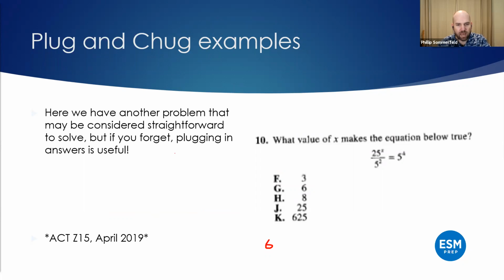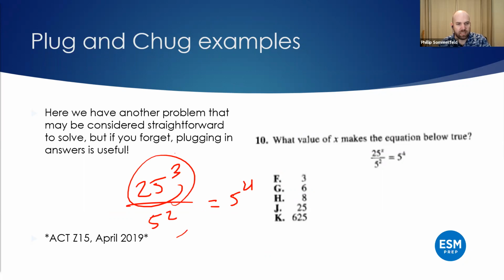So I would grab my calculator. This is the ACT. Again, I said we're talking test agnostic, but if you're on the ACT, you should know, grab a calculator, plug in 3 here, right? So 25 to the power of 3 over 5 squared. And then, okay, what is this? Divide by that, and then you'll get some value, right?